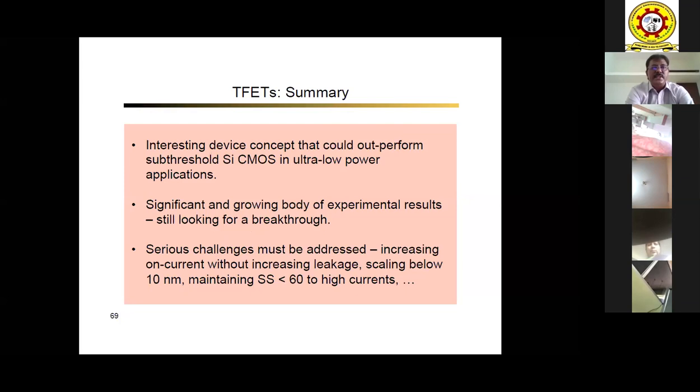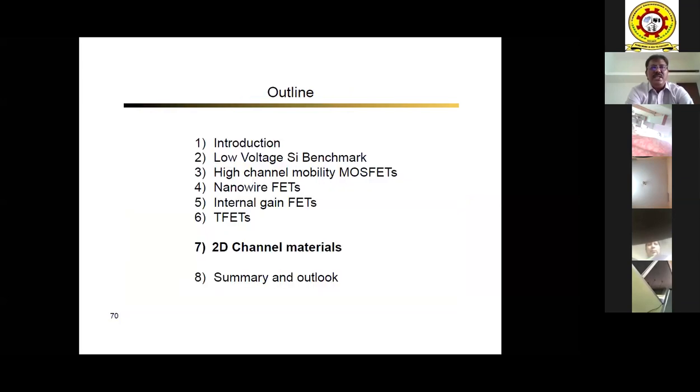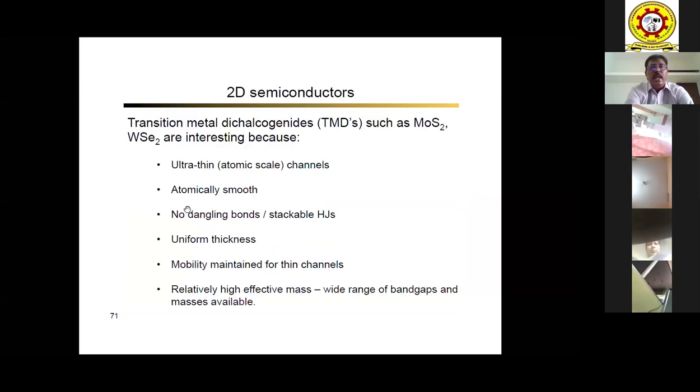Okay, then two-dimensional channels are another one. That is another promising candidate. Transition metal dichalcogenides, TMDs, in short, we call it as MoS2. MoS2 means molybdenum disulfide, and WSe2 is tungsten diselenide. These are the materials we use as 2D semiconductors.